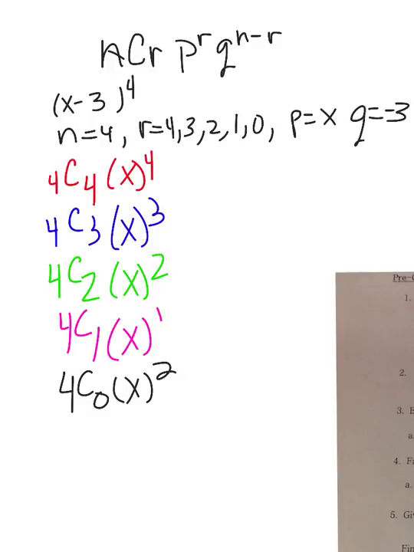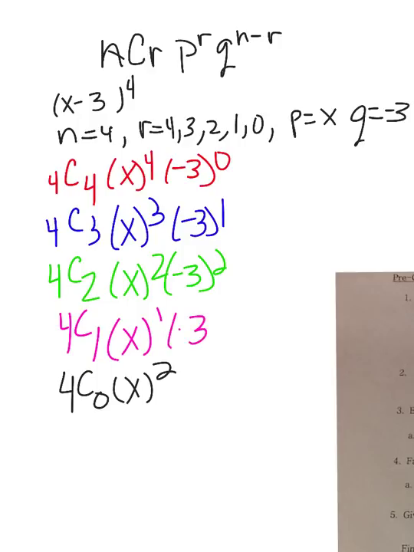And then my Q is negative 3, so it's negative 3 to the 0, negative 3 to the 1st, negative 3 squared, negative 3 to the 3rd, and negative 3 to the 4th power.